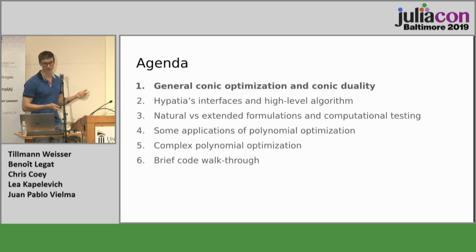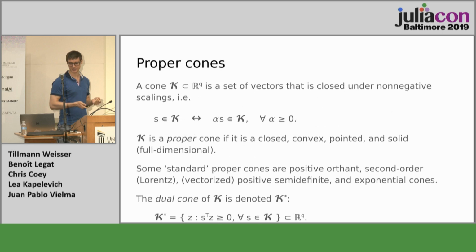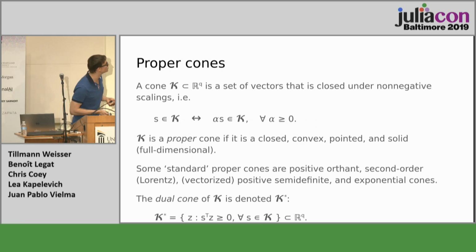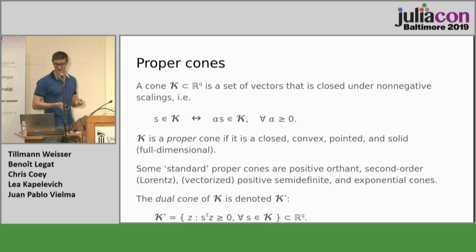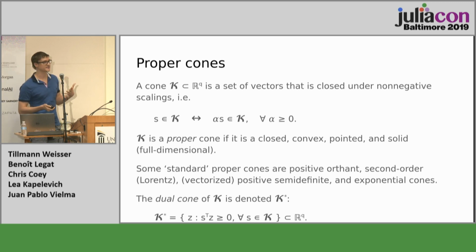Okay, so conic optimization. A cone is a set that is closed under non-negative scalings. Now, K is called a proper cone if it is closed, convex, pointed, meaning it doesn't contain a line, and solid, meaning it has a strict interior.